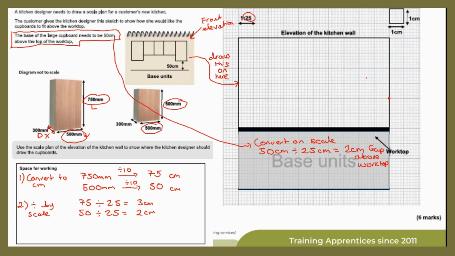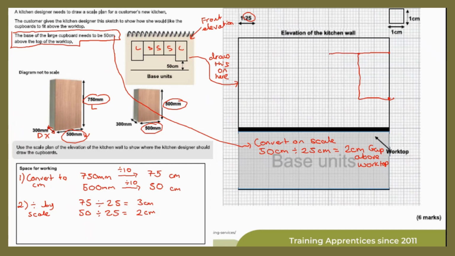So our first one, we know is 3 centimetres because it's the larger one. So we've got 2 large, 3 small. So we're going to go 1, 2, 3, and there's our first one. And we're going to go 2 across. And there is our first large cupboard. We're then going to do our 3 smalls, which we know are 50 and 50, or 2 and 2.